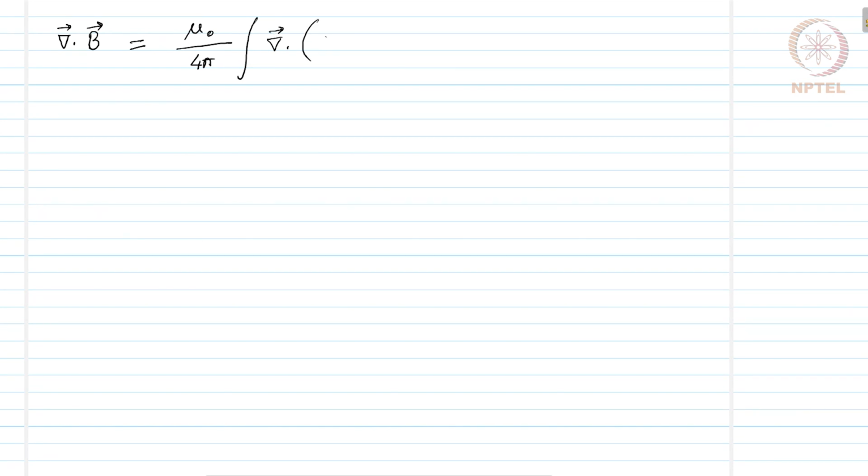So, we take the divergence of j cross r cap over r squared and integrate it with the volume element d tau prime. Now, we make use of a product rule that we have learned in the mathematical background.